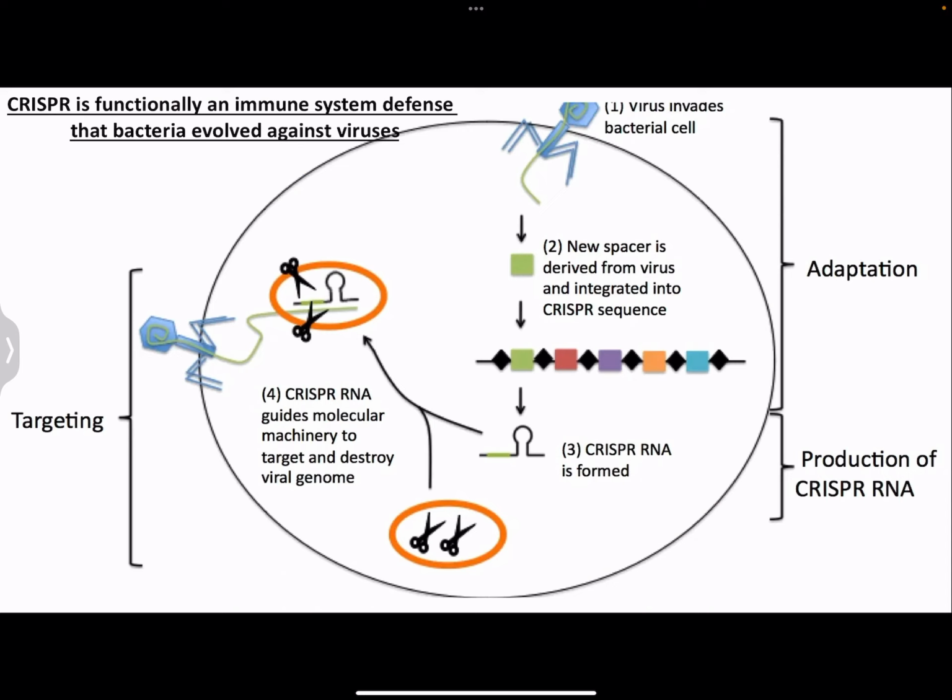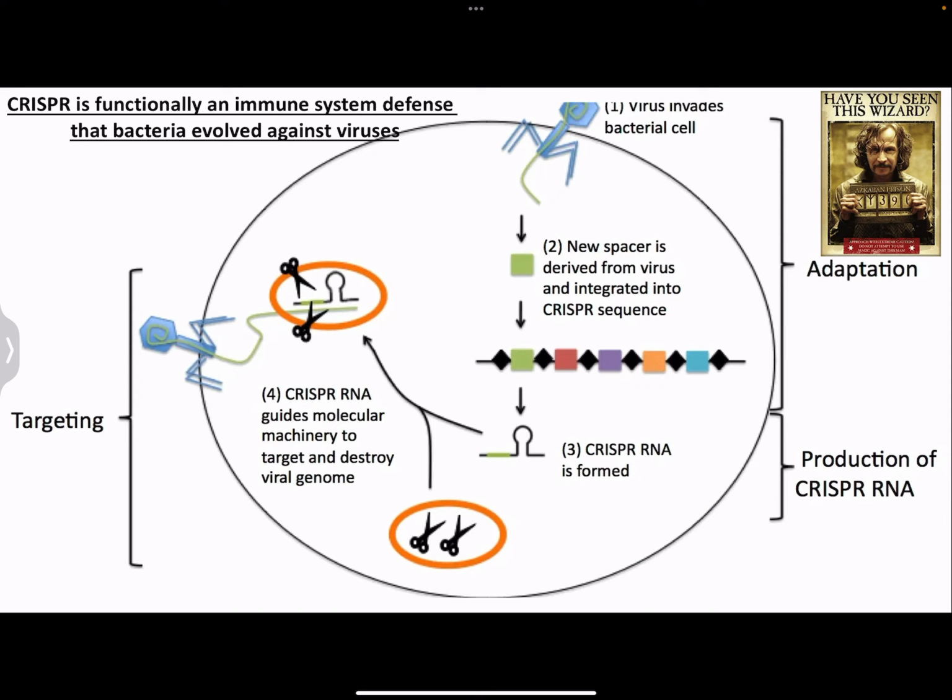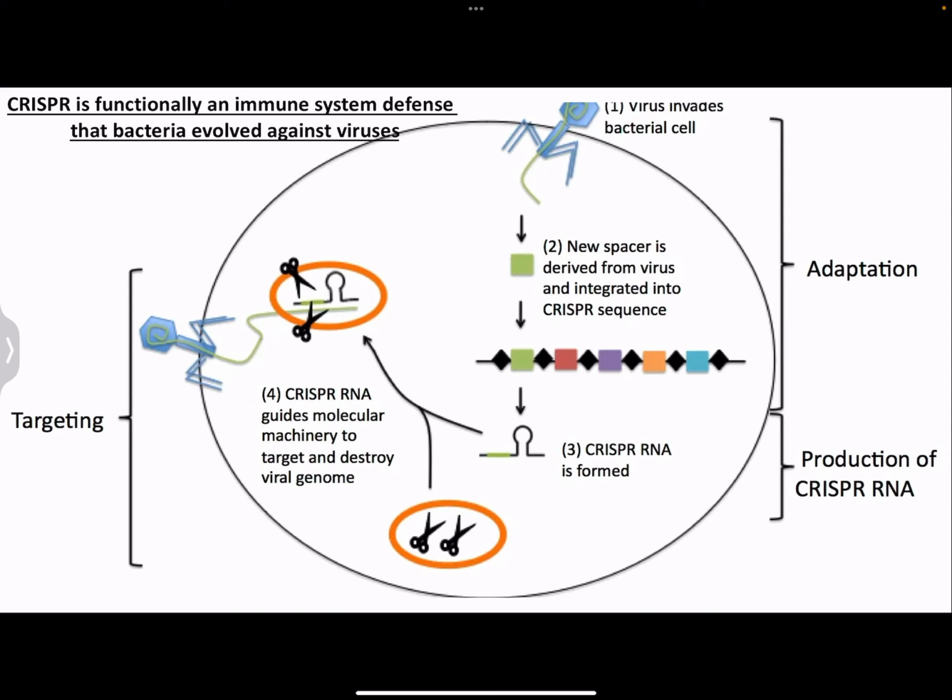CRISPR. So what's all the hullabaloo about? If a virus infects a bacteria and injects the viral information, and let's say the bacteria lives, this information can be stored in the genome between these little palindromic repeats that we see over here.